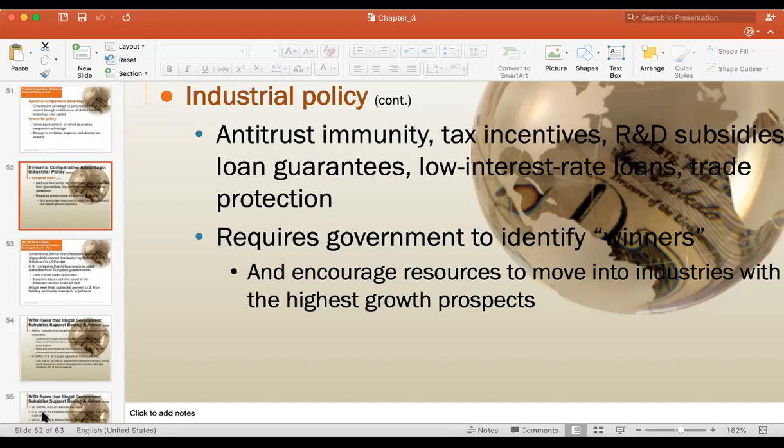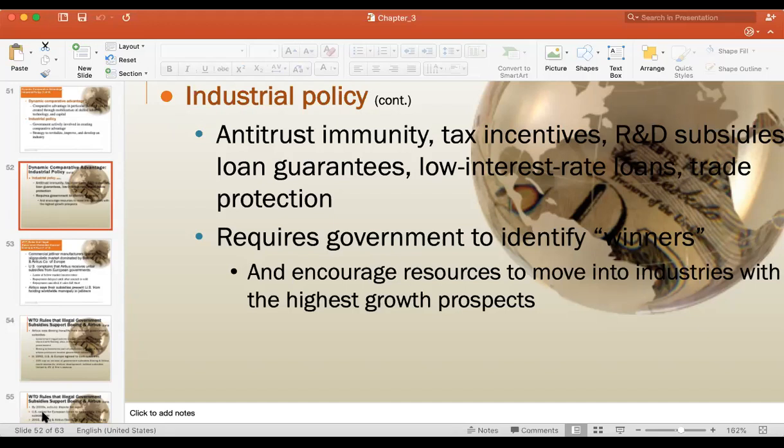Now, sunrise here simply means industries that have great potentials, that have enough room for improving productivity. Those are known as the sunrise industries. This is the term we use to refer to those industries. A good example would be the high-tech industries. High-tech or sunrise. So this is basically what governments have to do.